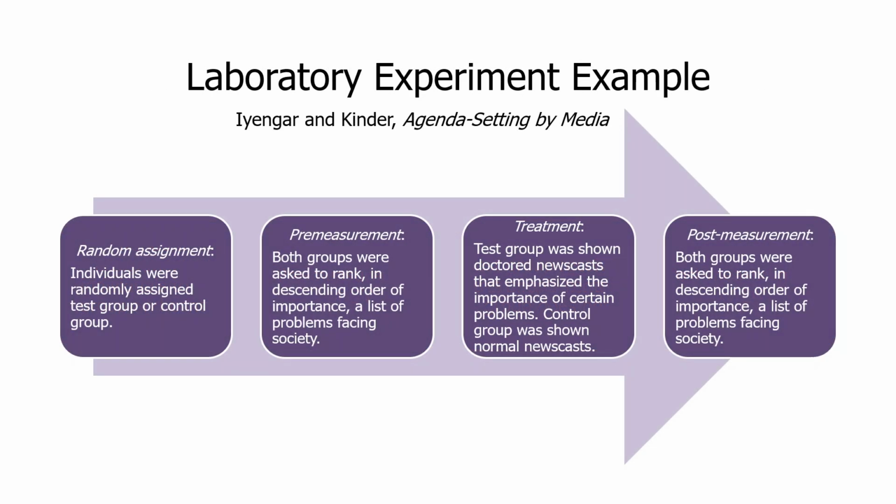Now here's a famous classic laboratory experiment in political science by Shanto Iyengar and Don Kinder, and it's on agenda setting. Now let's assume, like Iyengar and Kinder, that you want to study the effect of media on the problems that individuals think are important. Assume you want to investigate the role of mass media in setting the political agenda and affecting the kinds of issues people care about most.